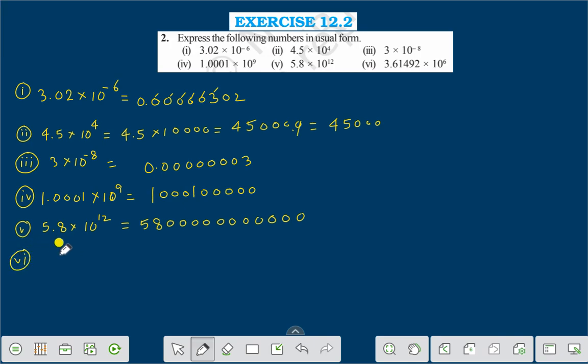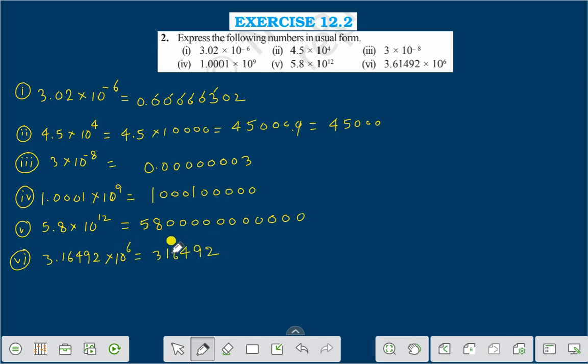Now question number 6 is to write all these in usual form, that is 3.16492 into 10 to the power 6. That means we are getting 3, 1, 6, 4, 9, 2, 6.